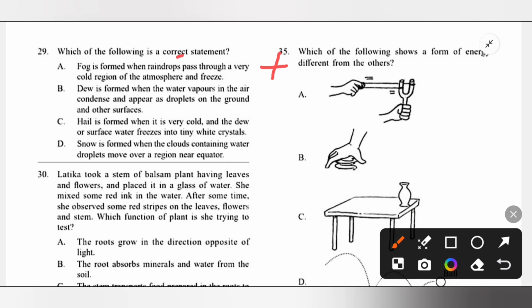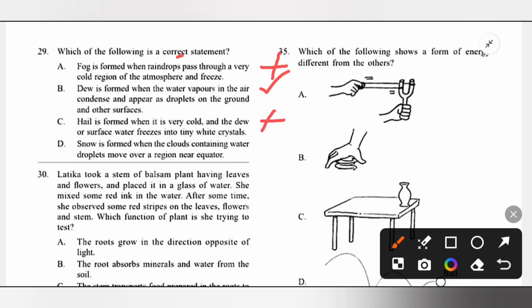Okay. B, dew is formed when the water vapor in the air condenses and appears as droplets on the ground and other surfaces. It is the correct statement. C, hail is formed when it is very cold and dew or surface water freezes into tiny white crystals. It is also incorrect because hail is formed when drops of water freeze together in the cold upper regions of thunderstorm clouds.